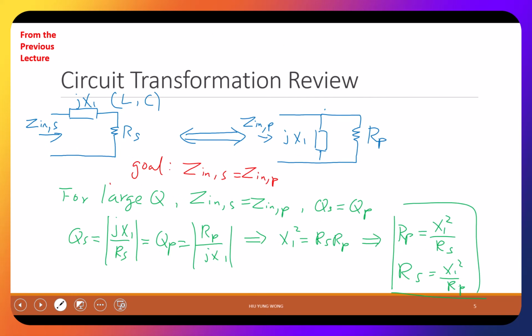Okay, then we tried to do some circuit transformation, just for us to use later.